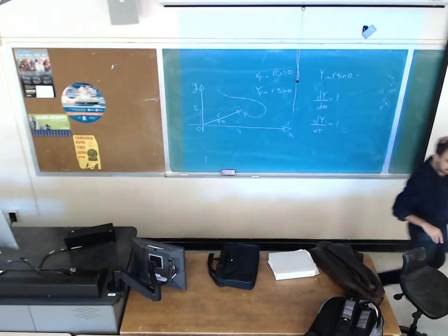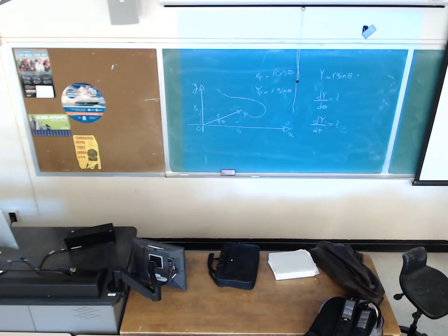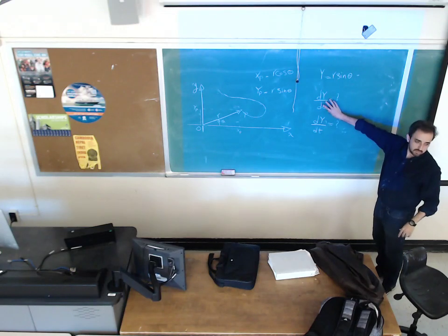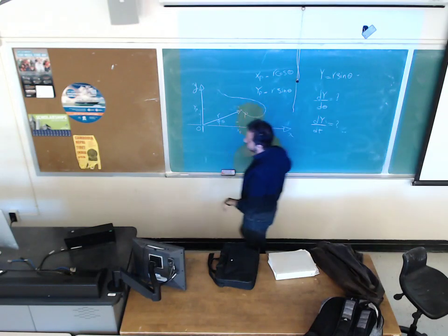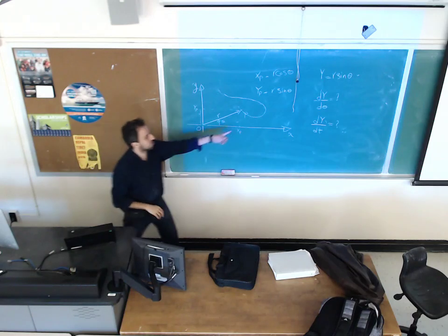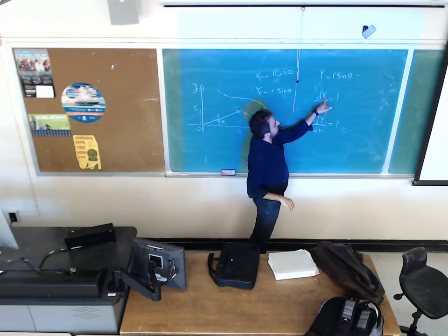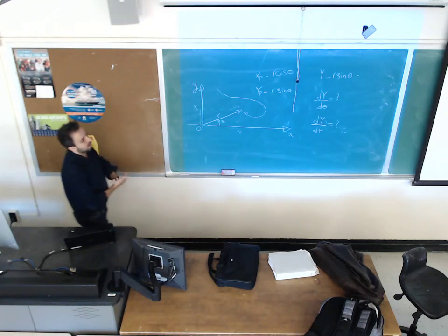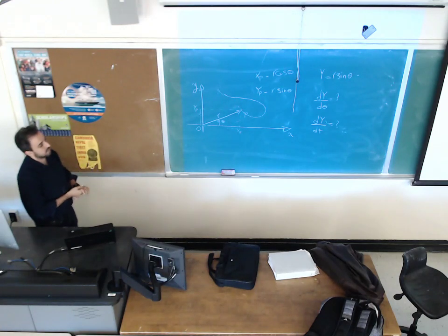Yes. At the moment, I'm just asking for this. Just tell me what dy is, how fast y is changing with respect to theta, and then how y is changing with respect to time.